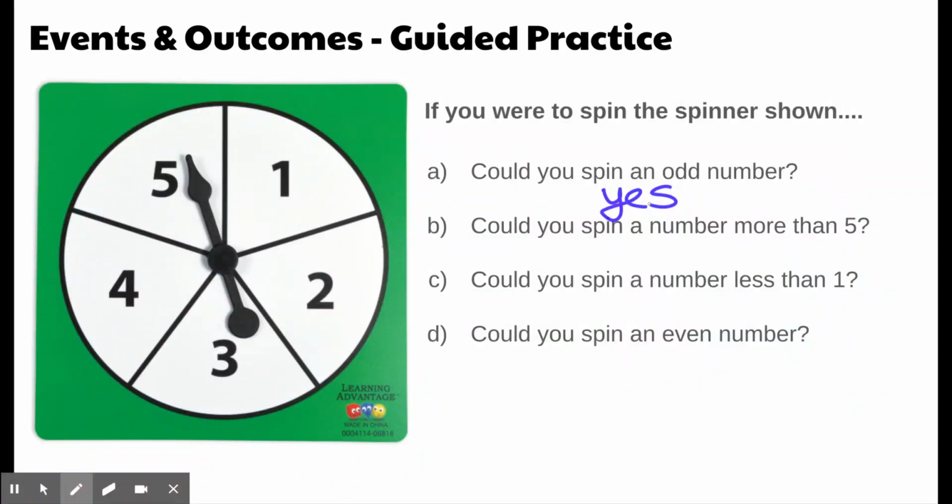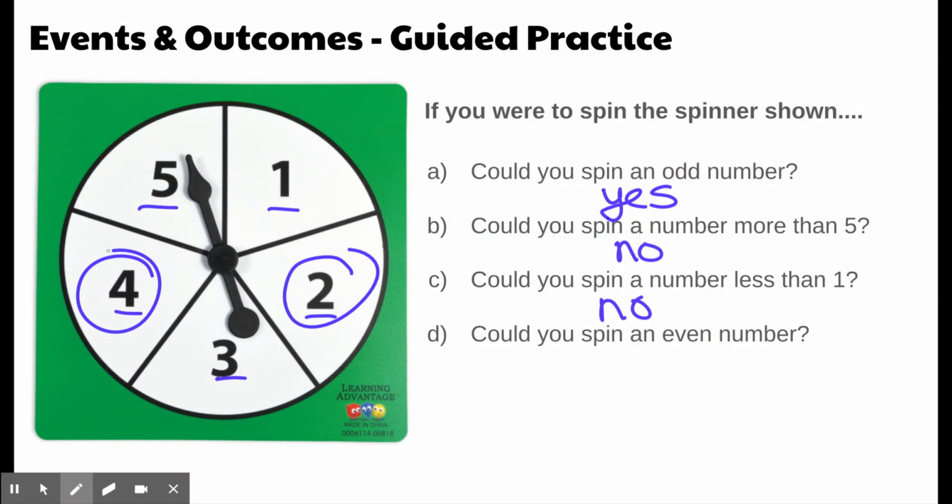There's no number greater than 5 on this spinner, so that is not possible, so no. Could you spin a number less than 1? Again, the numbers on the spinner are 1, 2, 3, 4, 5. There's no number on here that is less than 1, so it's not possible, so the answer is no. Could you spin an even number? 2 is an even number and 4 is an even number. It is possible. Yes, you could.